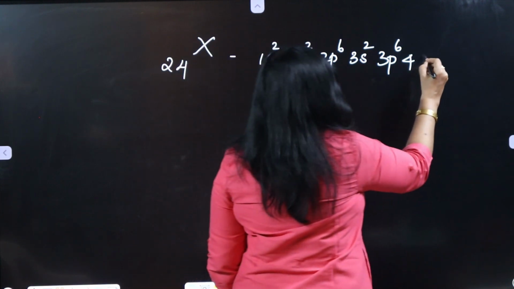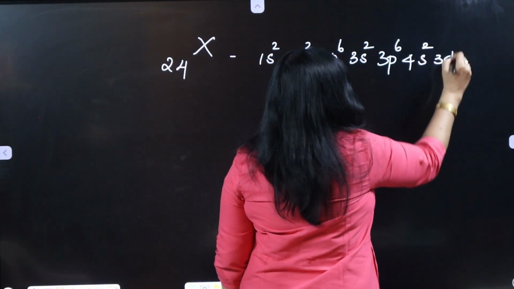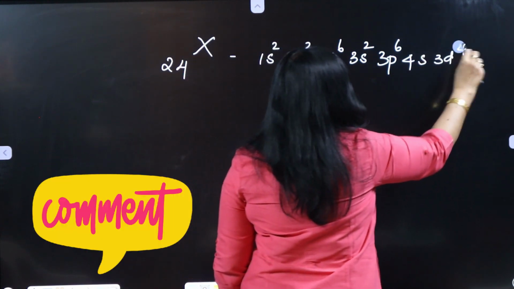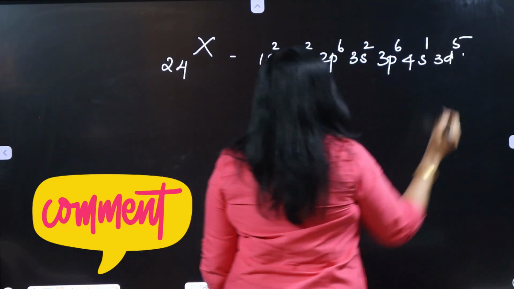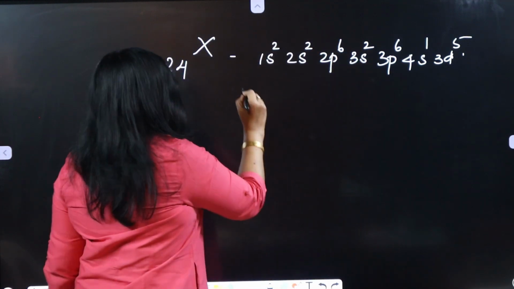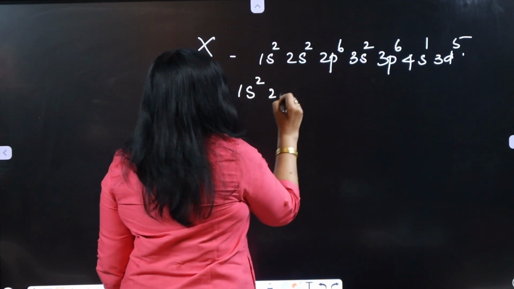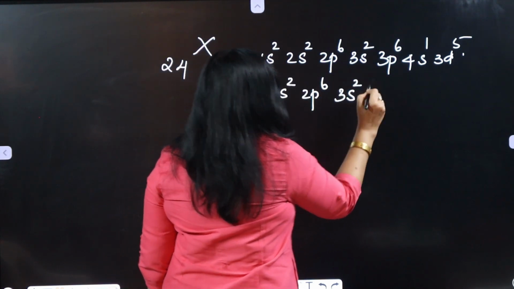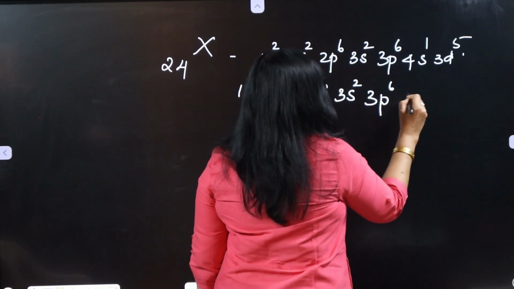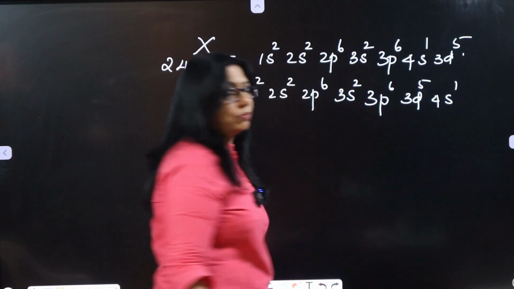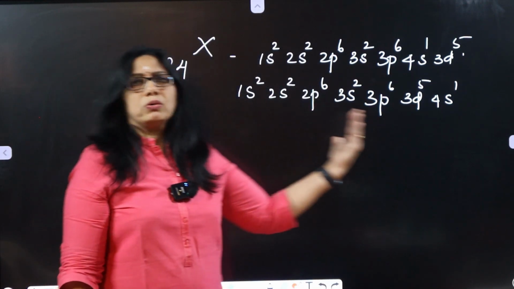So it was 4s2, 3d4. You will rearrange it into 4s1, 3d5 for stability. But let us arrange in increasing order of shell number. If you do that, it will become 1s2, 2s2, 2p6, 3s2, 3p6, 3d5, 4s1, because the fourth shell is the outermost shell. That is how it exists.